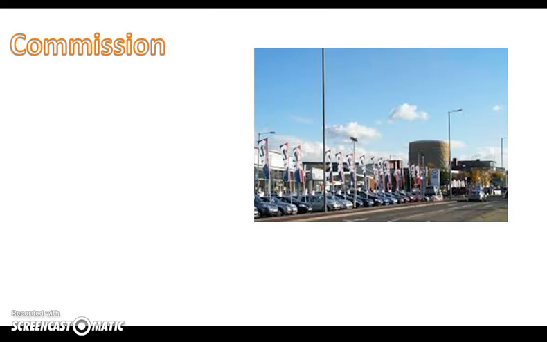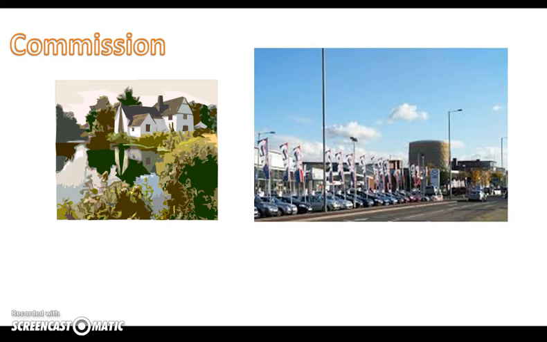One of the words in your graphic organizer is commission. We'll get to the definition in a second, but let me try to paint a picture for you. I showed you a car dealership because at a car dealership, people who sell cars often work on commission. Another place that people work on commission would be a realtor. There's a picture of a house by a lake, and someone who helps someone sell their house is called a realtor, and a realtor works on commission.